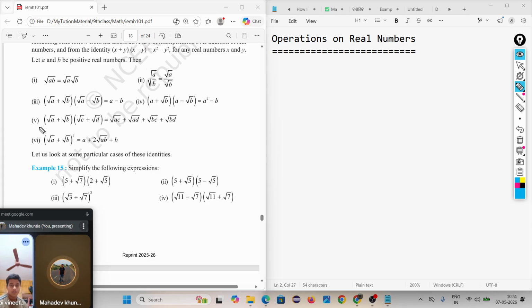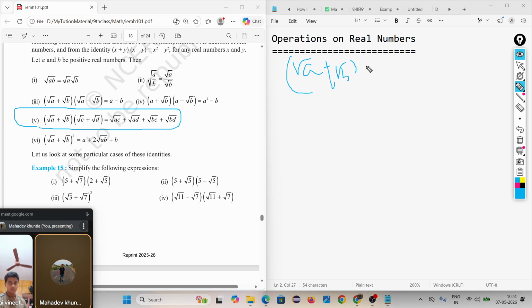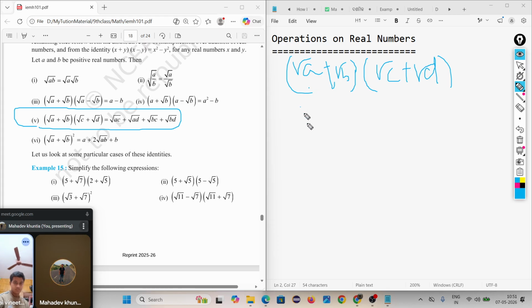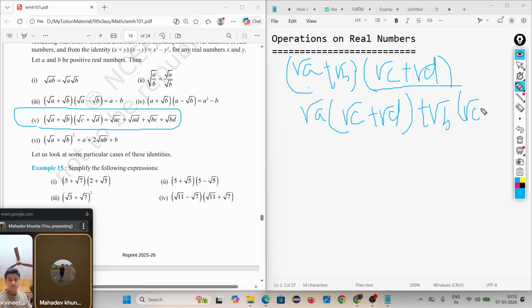Okay, sir. Then the next identity: root A plus root B into root C plus root D. Root A multiplies with every term of root C plus root D, plus root B times root C plus root D. Root A into root C, your answer will be root AC.